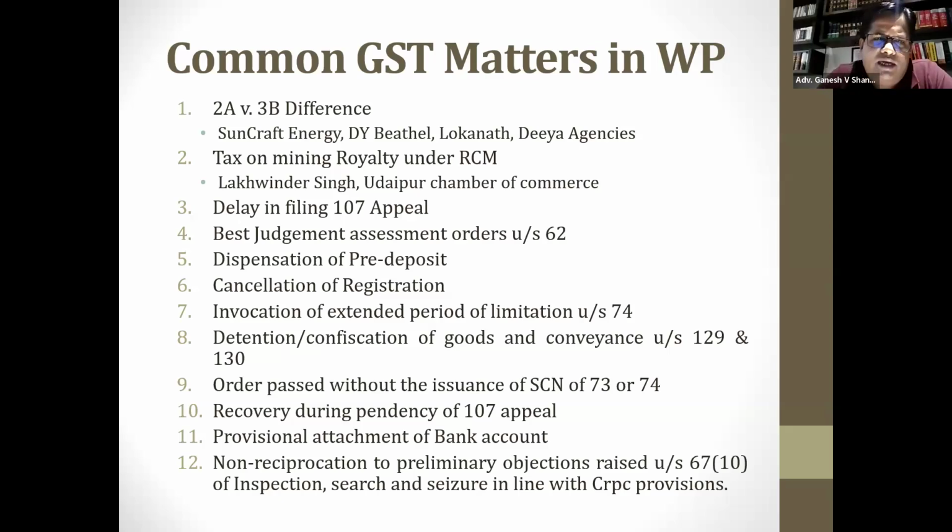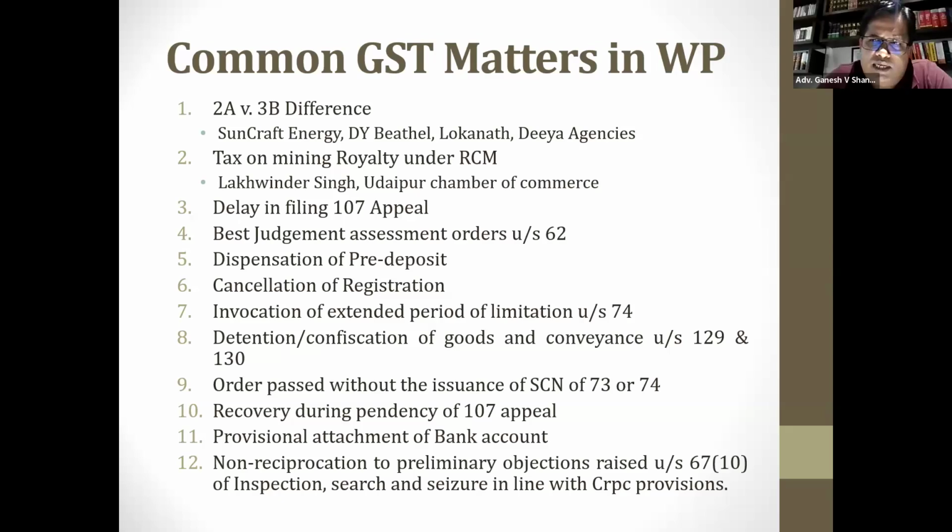Delay in filing 107 appeal. If you don't file appeal within 3 months plus 4 months, and there is a genuine ground and your appeal is rejected, you can go. People have approached High Court on best judgment assessment orders under section 62, cryptic orders under 62, or without considering the 2 months time to pay the tax.